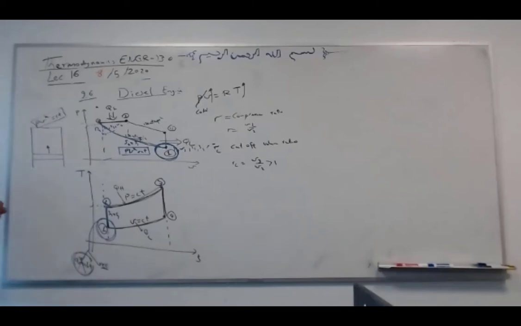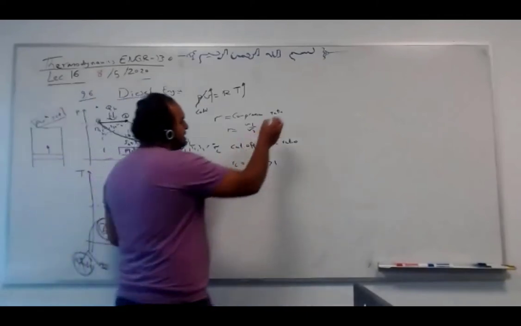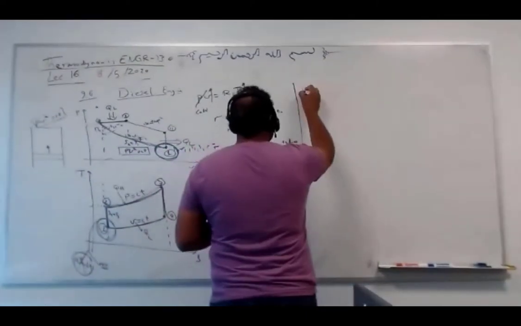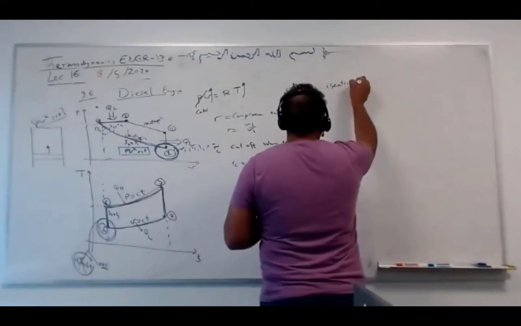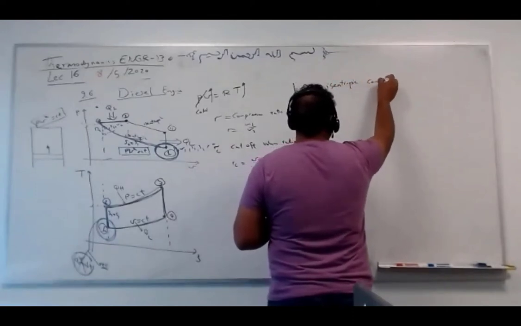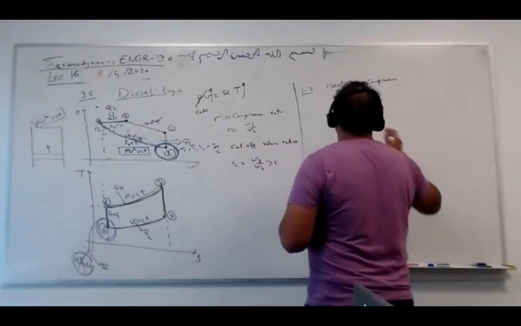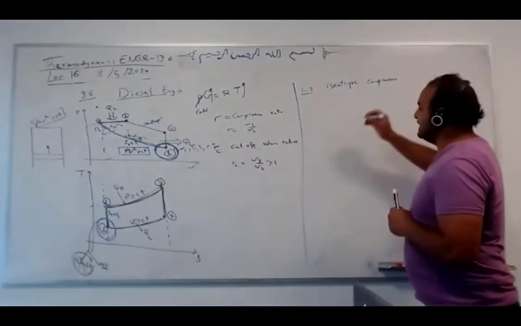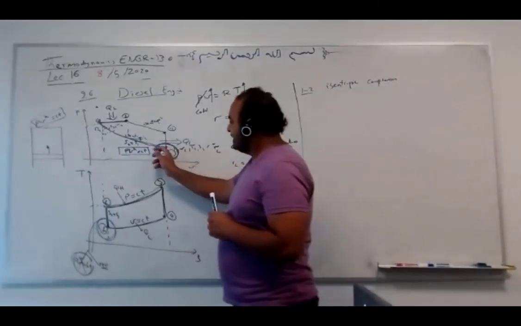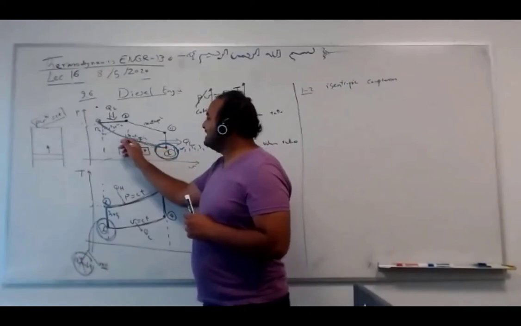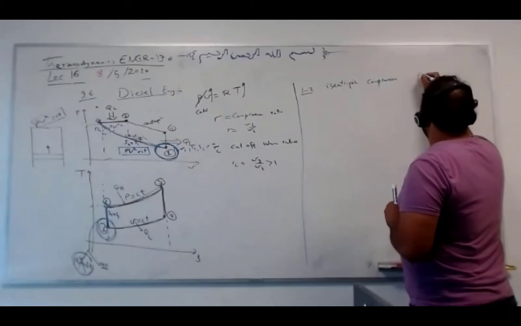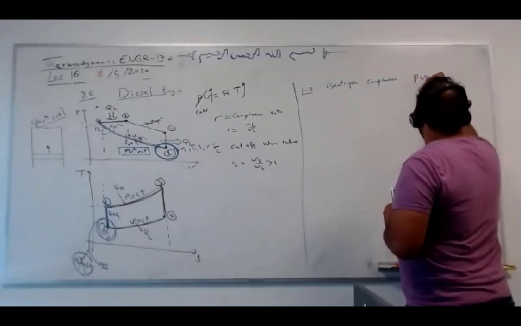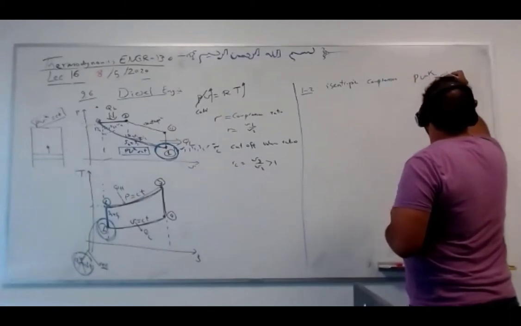Let's talk about the processes. 1 to 2 is isentropic compression. Compression means volume decreases and pressure increases. Isentropic means PV to the K equals constant.